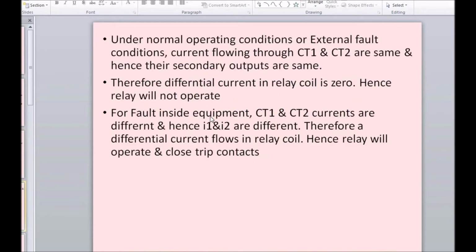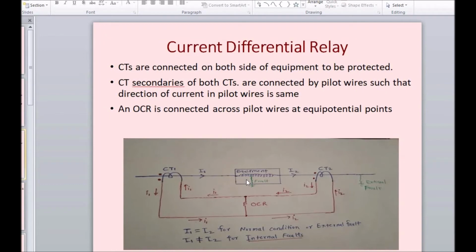But for a fault inside the equipment, CT1 and CT2 currents are different, and hence small i1 and small i2 are different. Therefore, a differential current flows in the relay coil, hence the relay will operate and close the trip contact. See, if the fault happens inside the equipment, then current starts flowing from the winding to the ground or from the winding to another phase of the equipment.